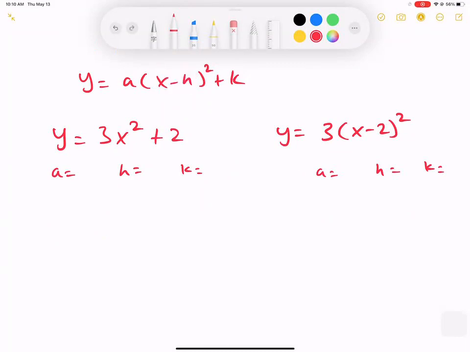If h was 0, 3(x - 0)^2 + 2, would you be okay that if I put 0, it would just be x squared? So h is 0. If there is no middle term in this form, our h value is going to be 0. So this is a parabola that's 2 spaces up and 3 times as fast.